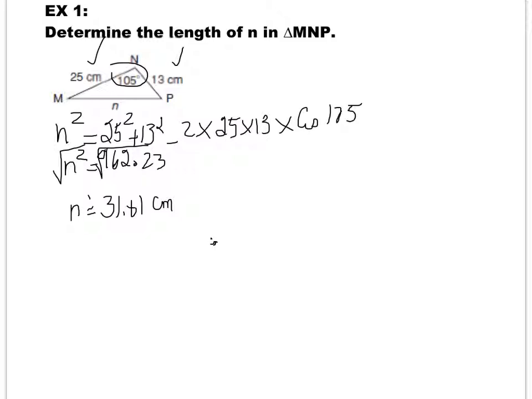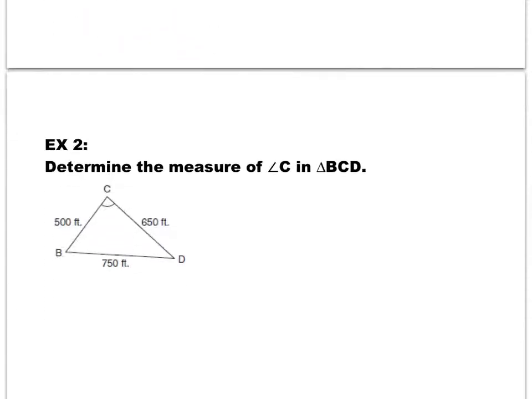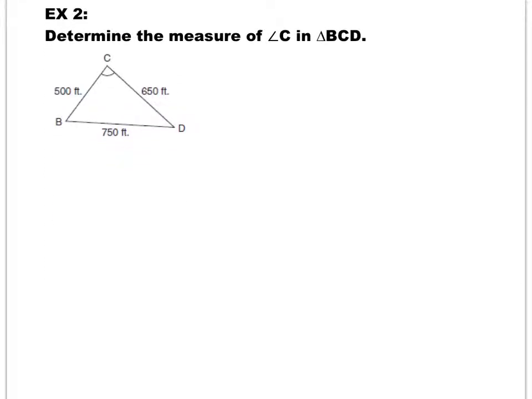Now the second example. We have another triangle, CBD, and we are supposed to find angle C. Now looking at this triangle, you can see that three sides are given, so automatically we know that we will use cosine law.